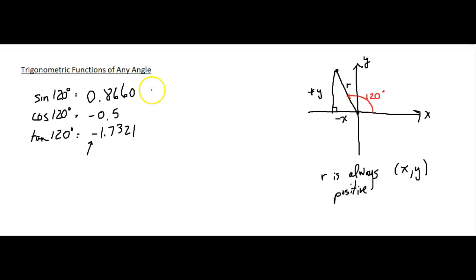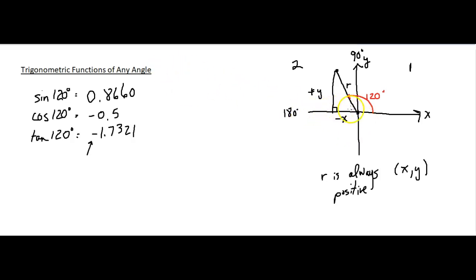So, if I try to make these ratios, anything that sits from 90 degrees to 180 degrees is in quadrant 2. We've already looked at quadrant 1. Everything has been positive so far.